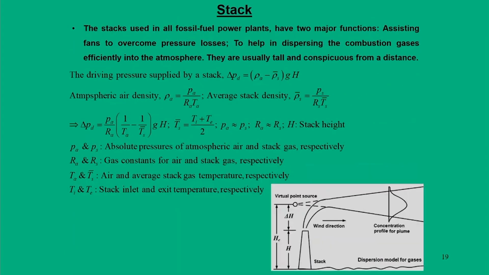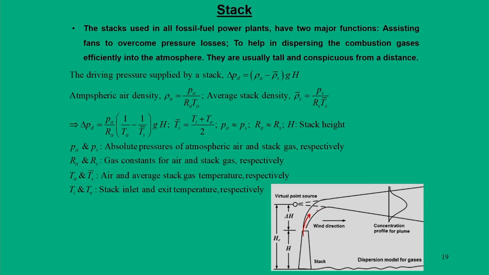You can see the flue gas that comes out from the stack, and this stack is nothing but a very high-rise structure of a certain height h. Ideally that flue gas has to go out at a larger height, and when it goes out, the flue gas tries to expand in the atmospheric medium.